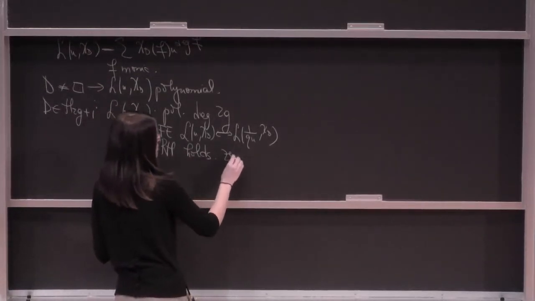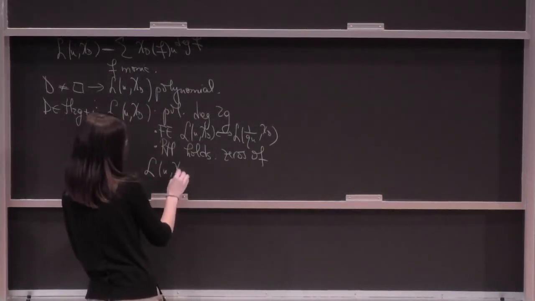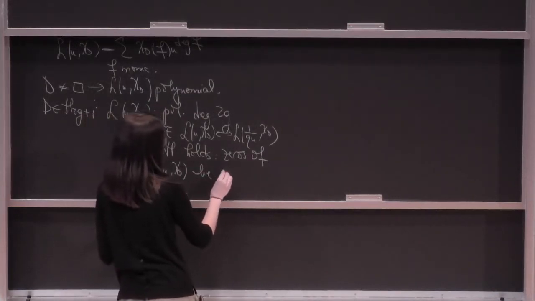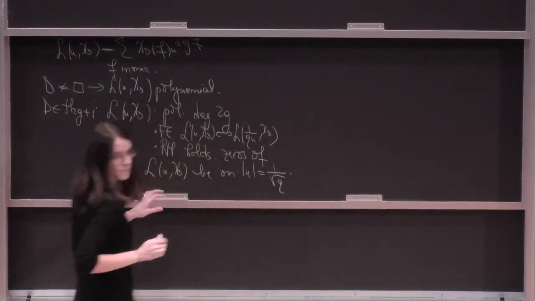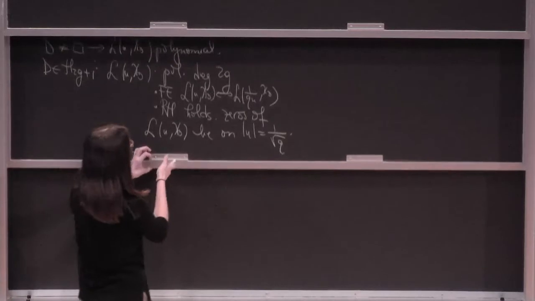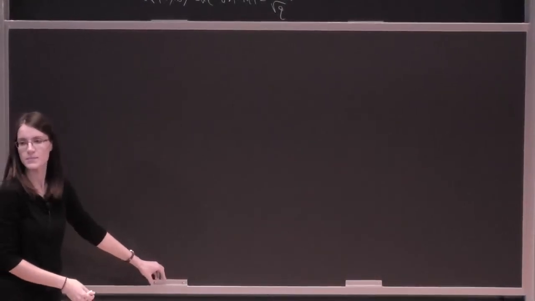So I know that the zeros of the L-function lie on the circle of radius 1 over the square root of q. Are there any questions so far? Okay, then I can define the function field problem.